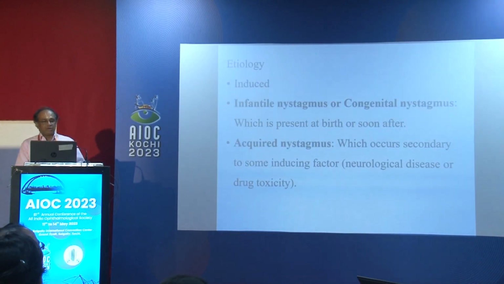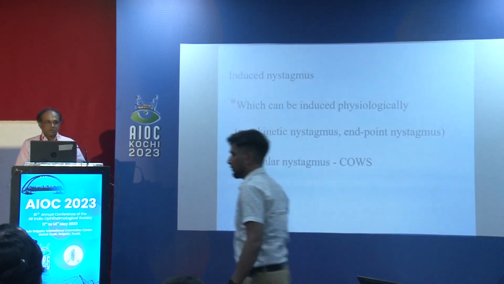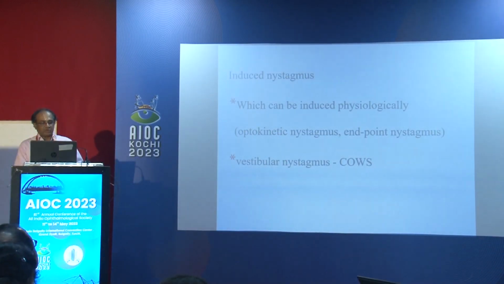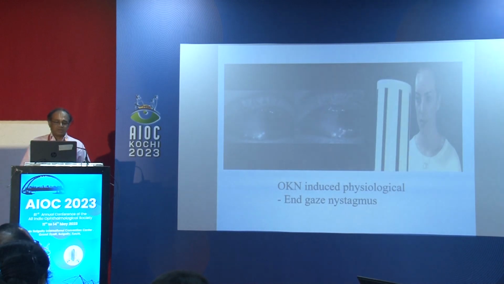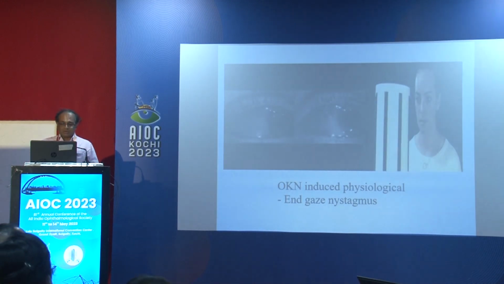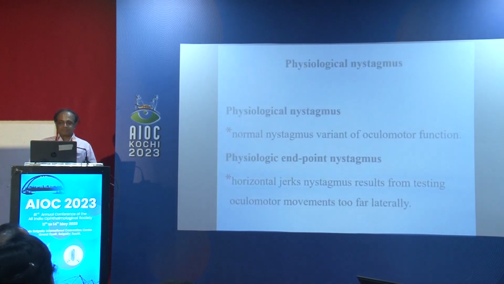So it can be infantile nystagmus or acquired nystagmus. Induced nystagmus is another variety which we can create, which we all know. So this is optokinetic nystagmus, which we can see at the extremes of gaze and when it is following the drum. And physiological nystagmus are normal variants of motor function.